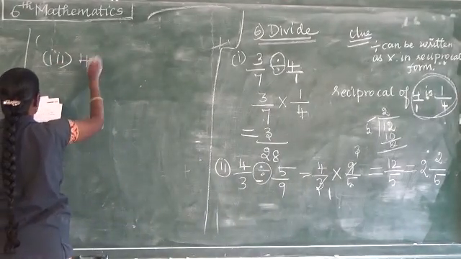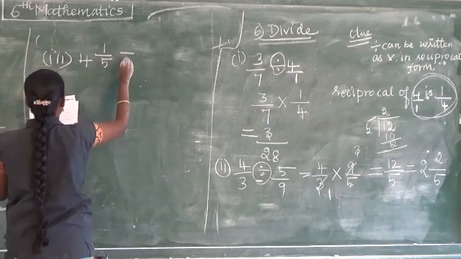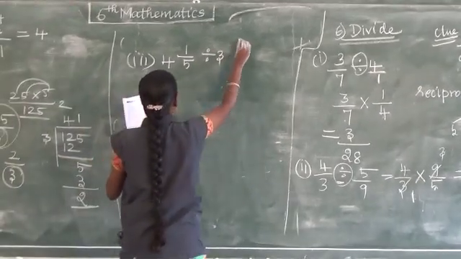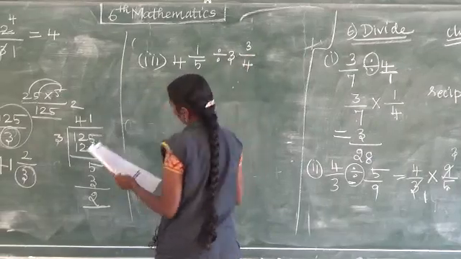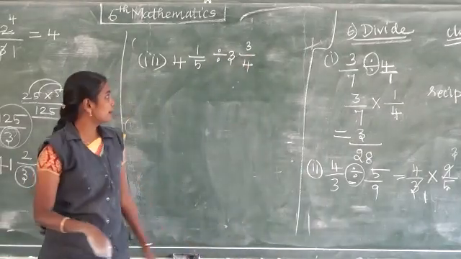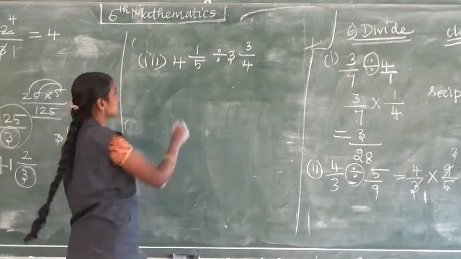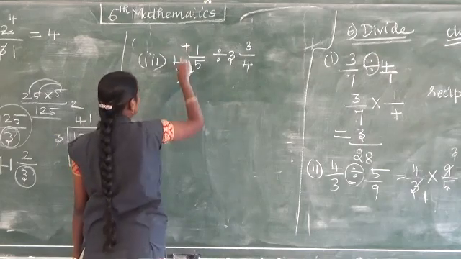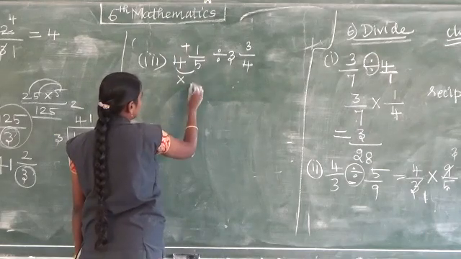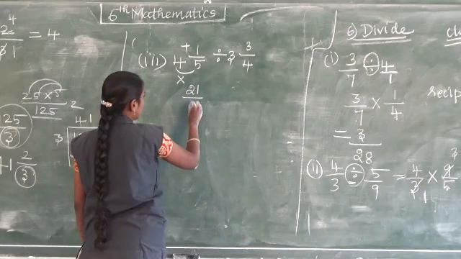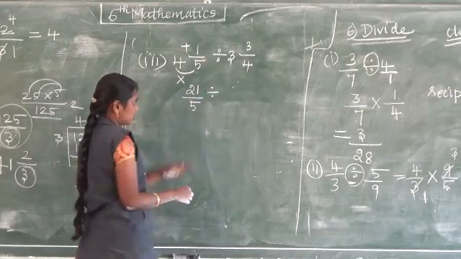Option 3, 4 1 by 5 divided by 3 by 4. Now multiply and add. 4 5s are 20, 20 plus 1, 21 by 5. Division let it be as it is.